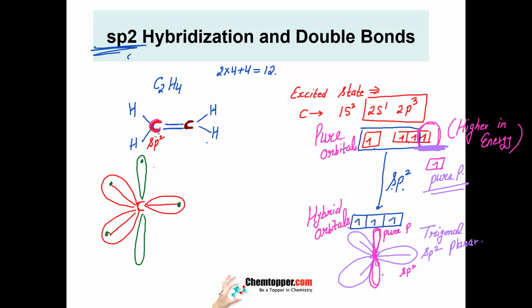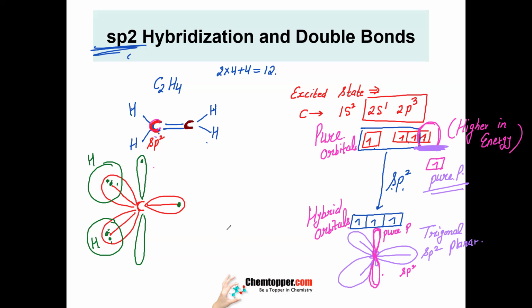Is it clear, children? The orbital picture is clear. Now, where are the hydrogens? Here on these two. Hydrogen, hydrogen. These are sigma bonds, right?